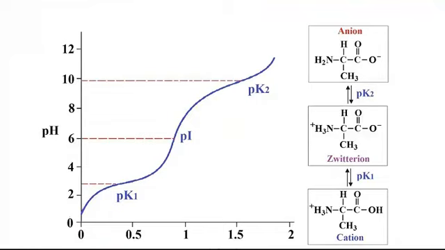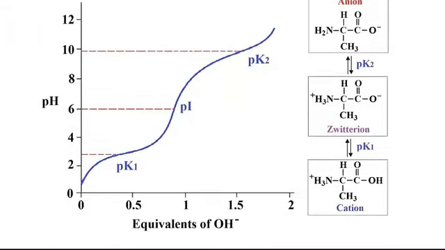So here, first I'm showing you a non-charged amino acid. On one axis, we have the pH, from 0 to 12. And on the other axis, we have equivalents of hydroxyl group added. So as we add more hydroxyl group, the pH will increase, so the solution becomes more basic. Starting with the most protonated form of the amino acid, you can see that we have an NH3 plus and a COOH.